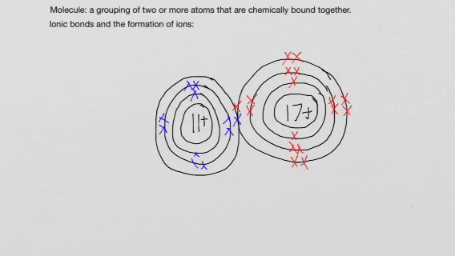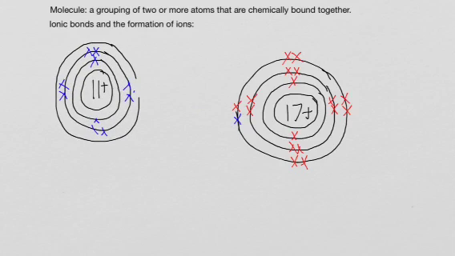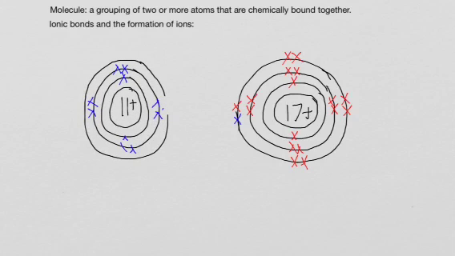Sodium gave its electron to chlorine, so when they go their separate ways, sodium will no longer be stable, in the sense that it'll have one more proton than it will electrons. So that means we end up having 11 protons and 10 electrons. So our overall charge for this atom ends up being a positive 1.